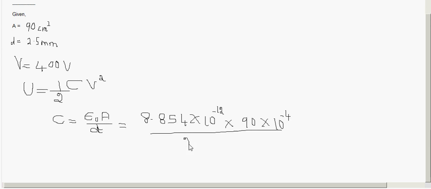So convert it into meter, everything into SI units, into 10 to the power minus 3. Calculate, so you will get 32 picofarad, that is 32 into 10 to the power minus 12 farad.